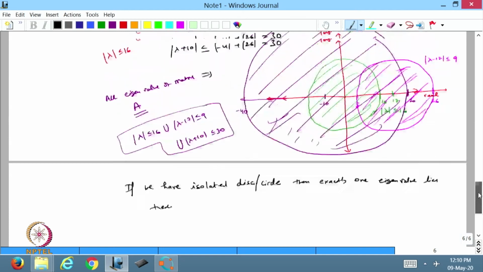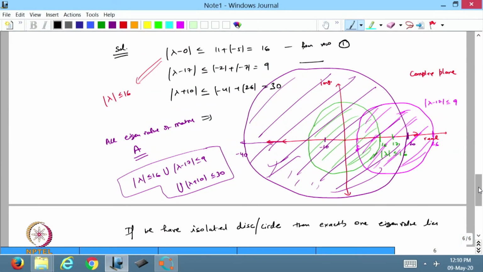Because we have seen here that this was the first disk that is also intersecting with the second disk, and I have taken the third disk that is also intersecting with both of these. So, this is completely inside this one, and this is also intersecting. So, in this case there is no isolated disk. So, that is why we say that all the eigenvalues will lie in the union of these.